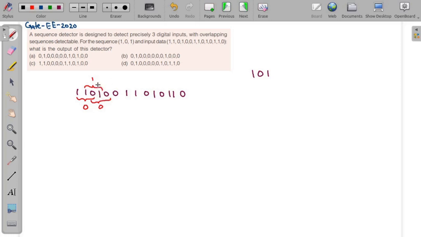We have come up to this point, and again it is not the same. 0 0 1 is also not the same. 0 1 1 is also not the same.